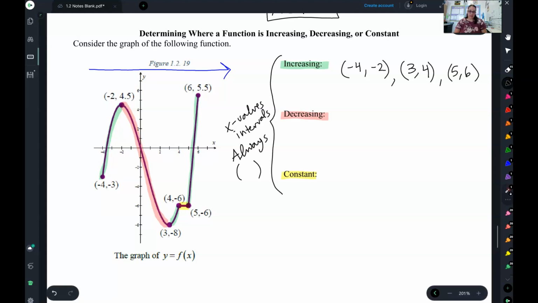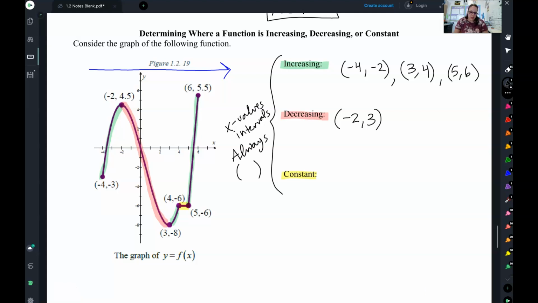Okay, let's do decreasing. I only have one interval that is decreasing. That's right there. From this point to this point. So once again, pick out our x values from -2 to 3. And always parentheses. Now, this can sometimes be confusing because you think that this is a point, like x comma y, -2 comma 3, like a point. It is not.